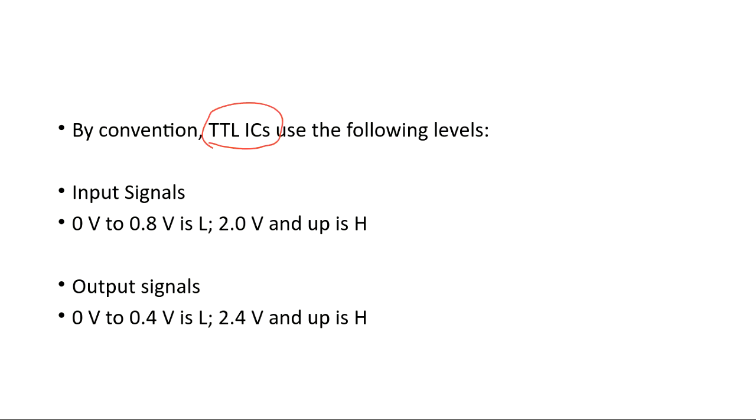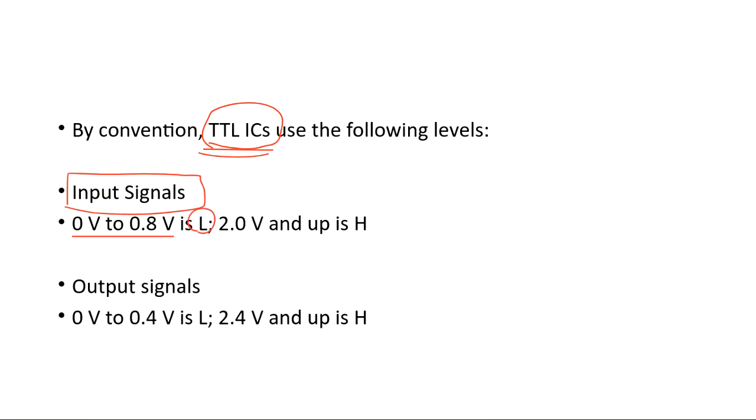For the TTL IC, which is the most common, you need to understand its input signal range. 0 to 0.8 volt is low, low means binary 0.